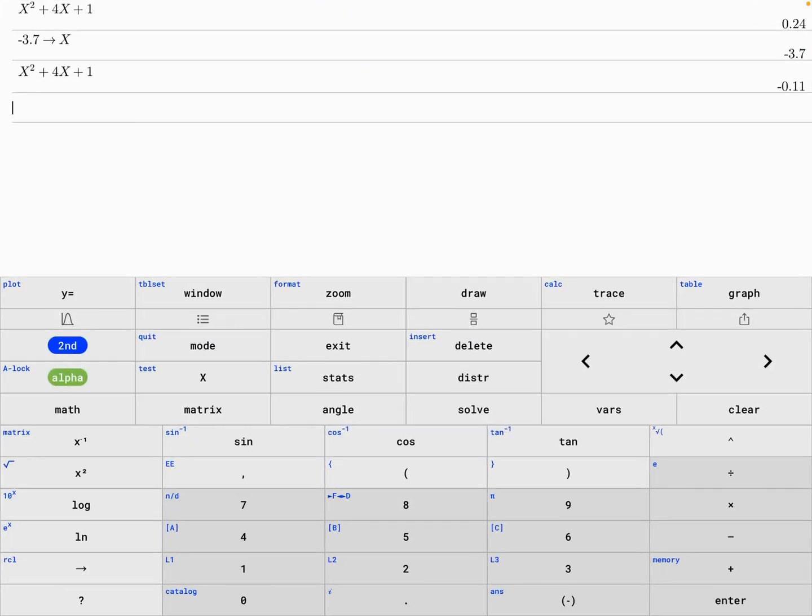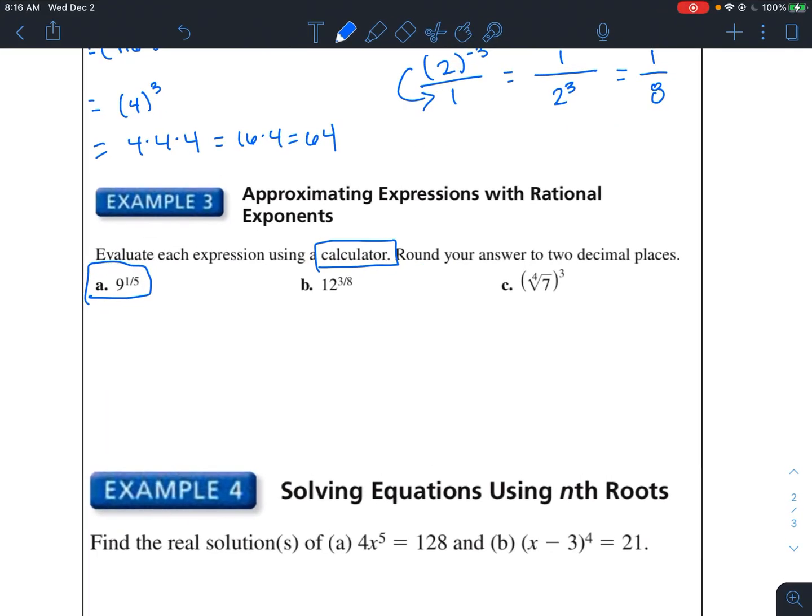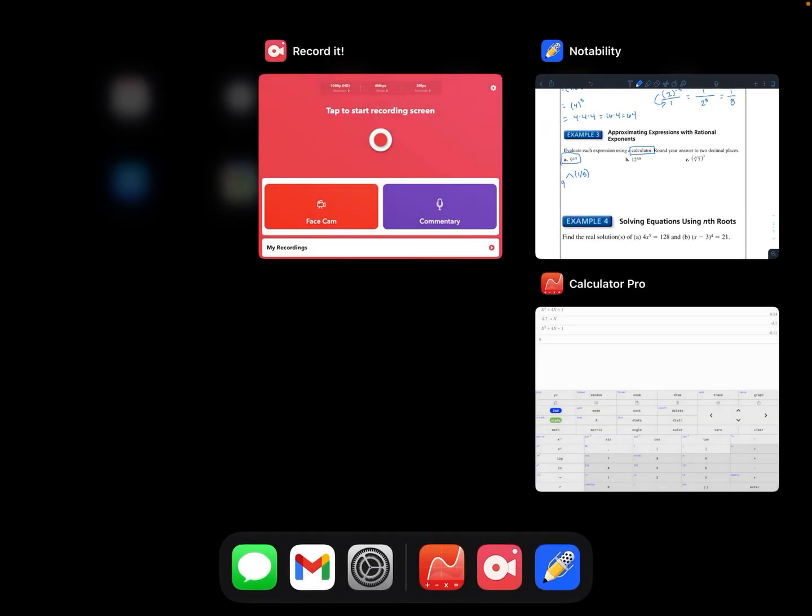First I'm going to start by putting a 9, not pi. Then you should be able to see a caret sign in your calculator. So it should be 9 raised to the, and then in parentheses you want to type in 1 over 5. Depending on your calculator, you can do that.